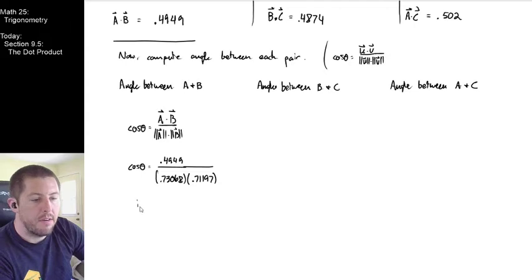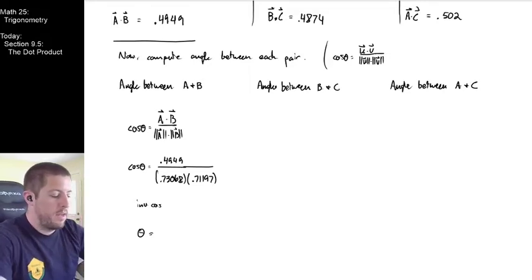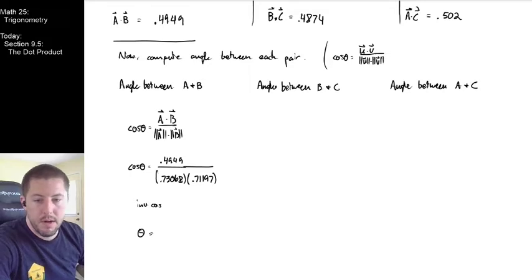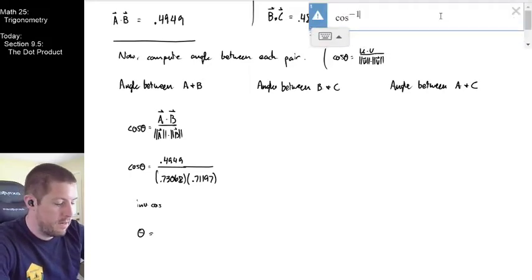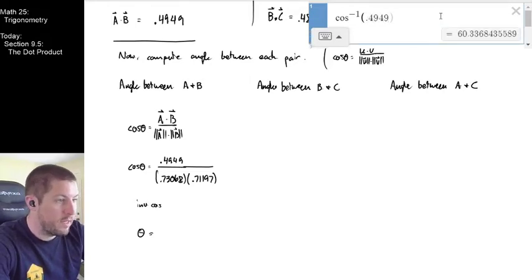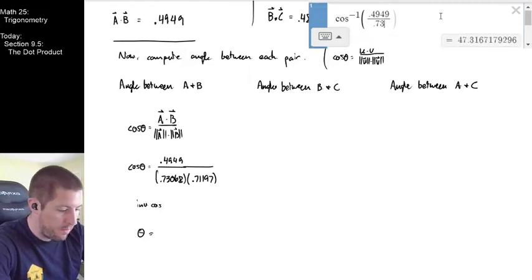Now we can go ahead and do an inverse cosine. And what are we going to get for our angle? So here we go, we're getting our first angle out here. Boom. So we're going to do our cosine inverse of 0.4949 divided by 0.73068 times 0.71197.